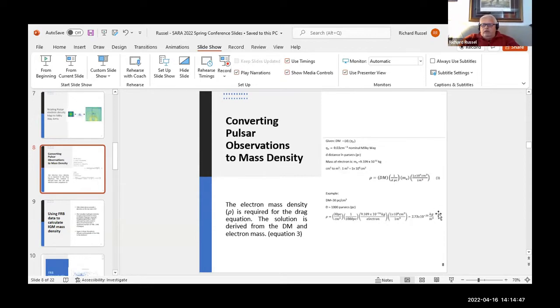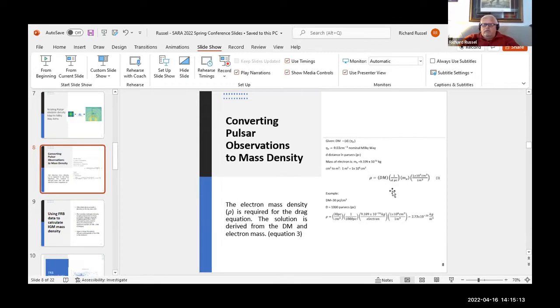You end up with kilograms per meter cubed, and I'm not too worried about the actual number here because I'm basically relating that across all the pulsars. I'm applying that. This is not a constant like a lot of the values are. This is a variable based on the dispersion measure that we got and the distance.